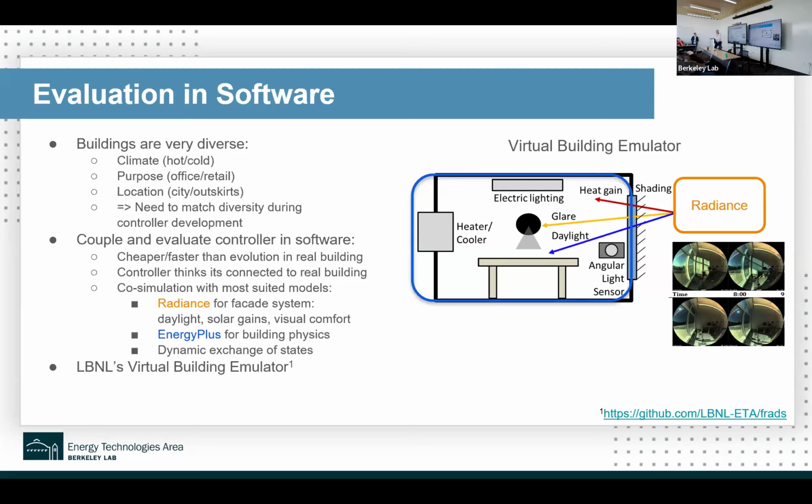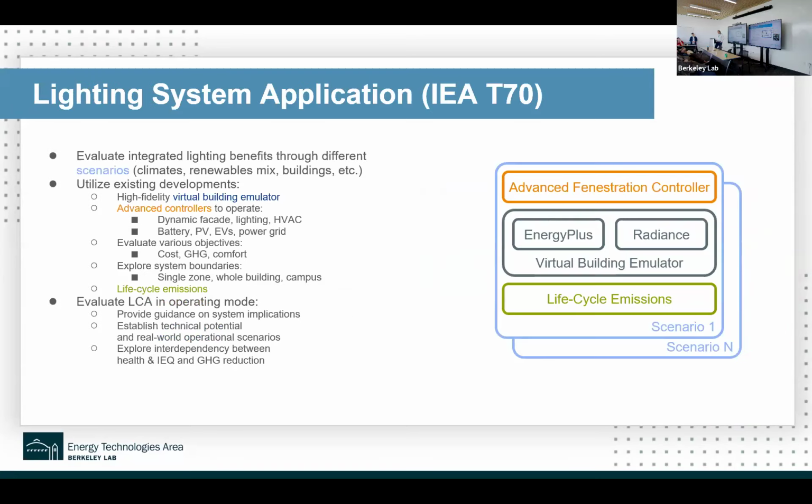And we couple these tools together in a co-simulation so we can evaluate them both at the same time. And this really gives us the ability to use the best tool suitable for the different purposes in order to evaluate the controls in the most accurate way. And that basically forms our virtual building emulator, which is illustrated here on the right. So you can see our virtual building emulator is really representing a high fidelity model of a real building.